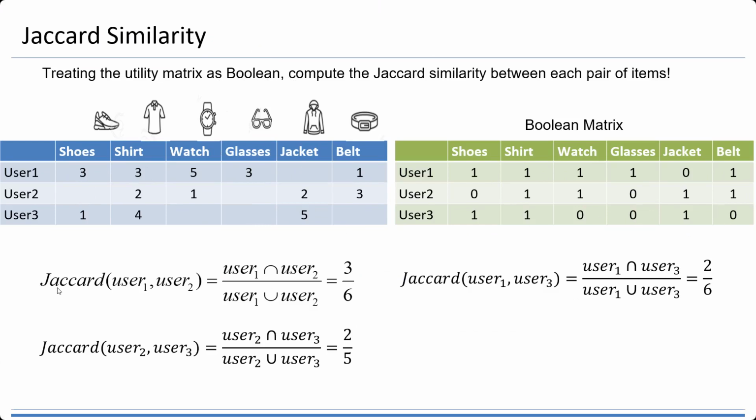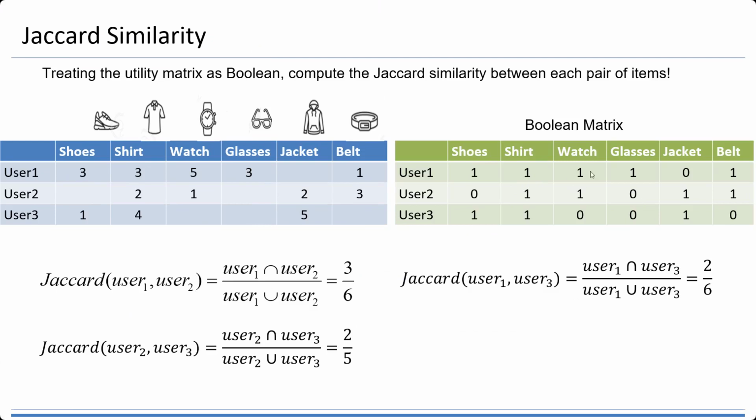Then we can calculate the Jaccard similarity between user 1 and user 2. So how many data intersect between user 1 and user 2? Shared. Okay. There's 1. So this data intersects.